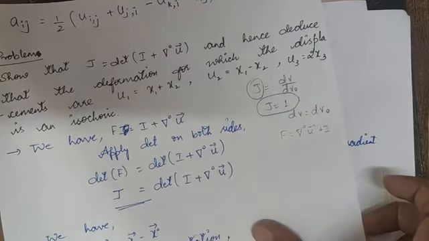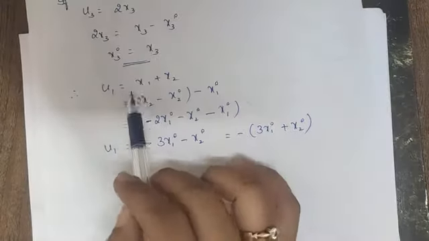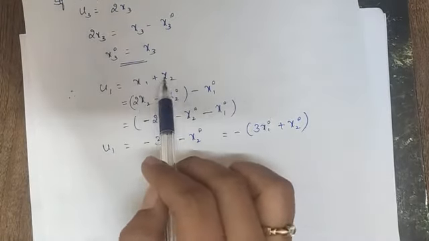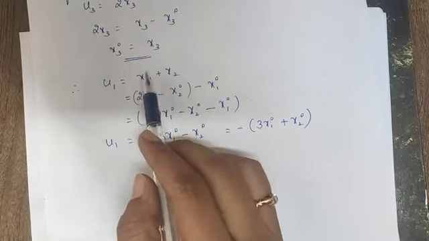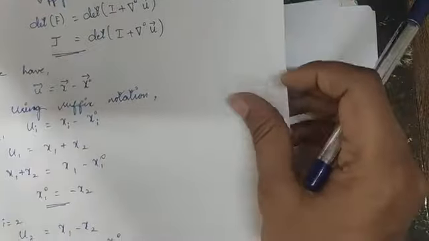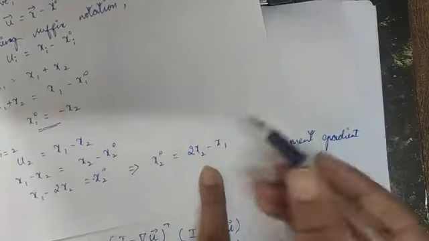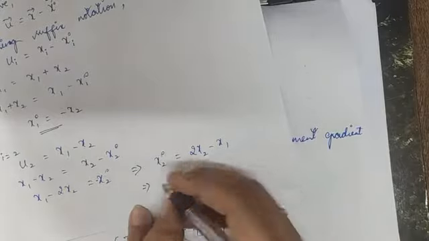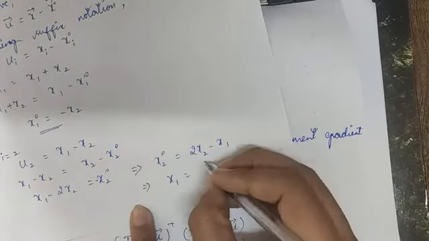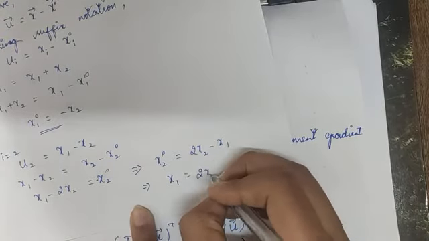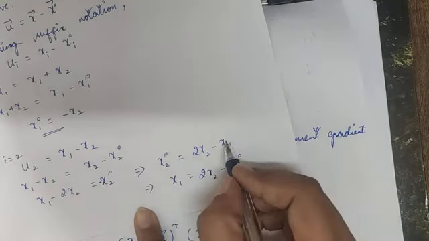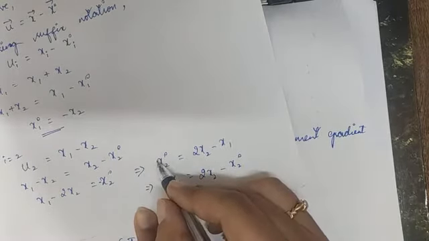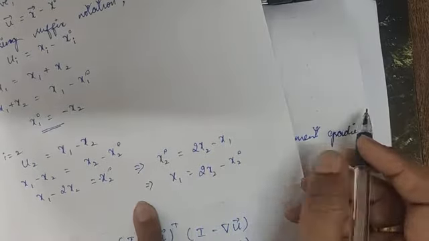Okay, you can observe here, this is the given thing, u1 is equal to x1 plus x2. So we have found the values of x1 and x2. x1 is nothing but, observe here, this implies x1 is nothing but 2x2 minus x2 naught. Correct? I have shifted this term to left hand side and x2 naught to my right hand side.